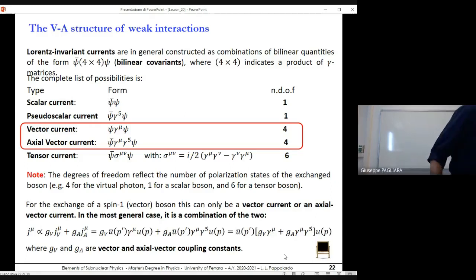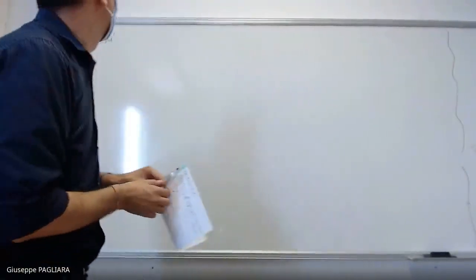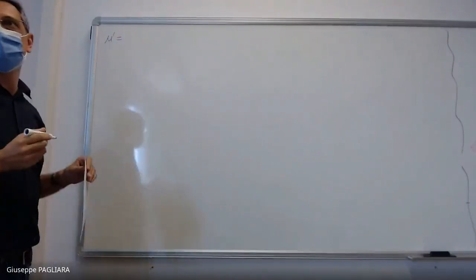Let's see what happens under the parity operation. Okay, so let me call u prime the parity transformed spinor.